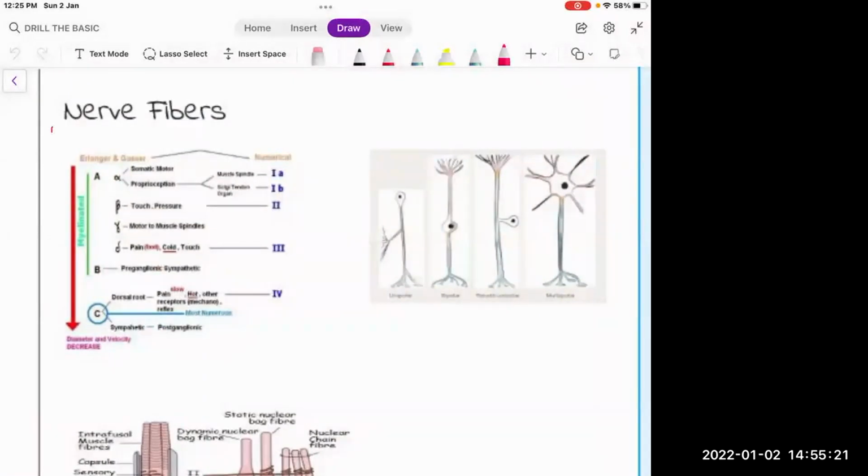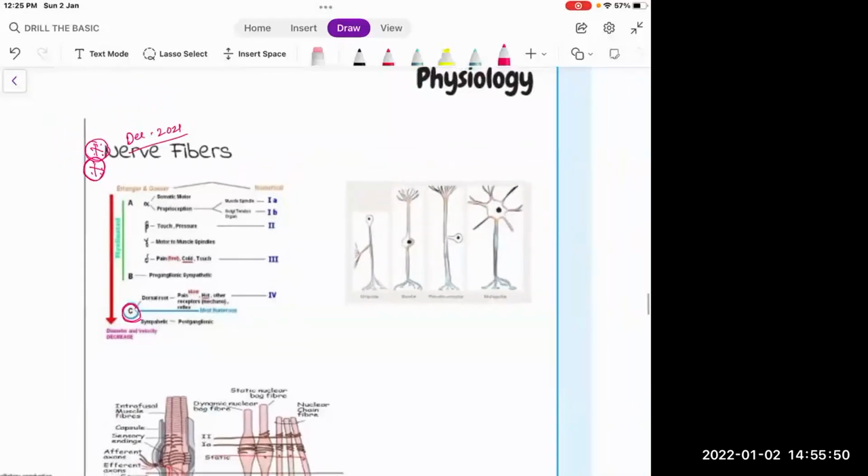This classification is very important, because there was a question on this in the past December 2021 exam, a clinical scenario given, asking which nerve fiber has the faster conduction and which nerve fiber has the receptor for pain sensation.